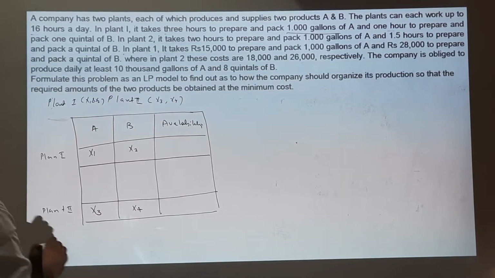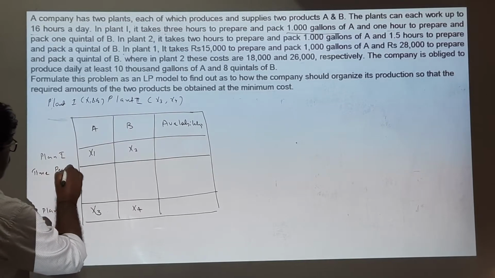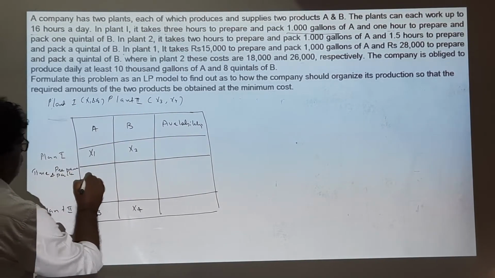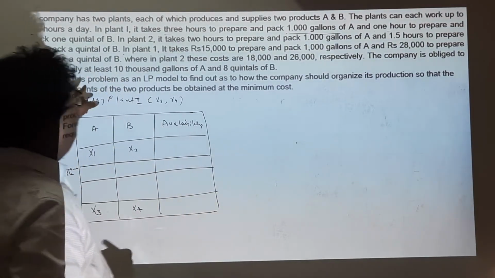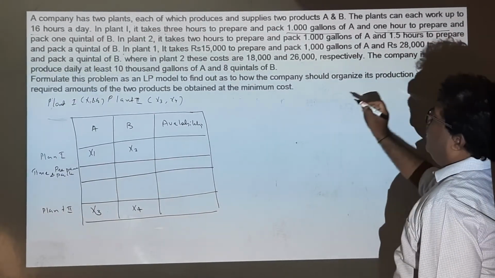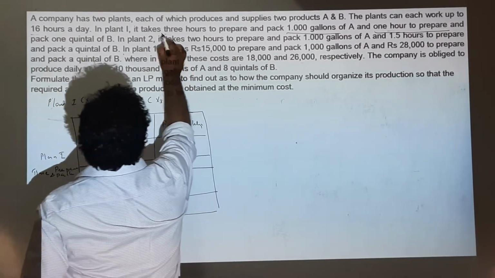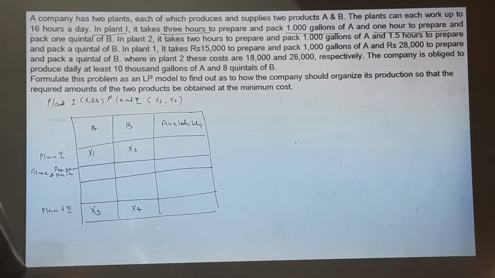First one is the time constraint: time for preparing and packing. How much is it?